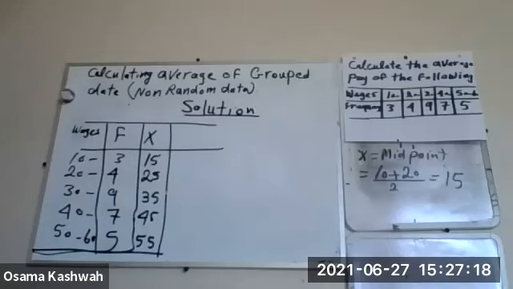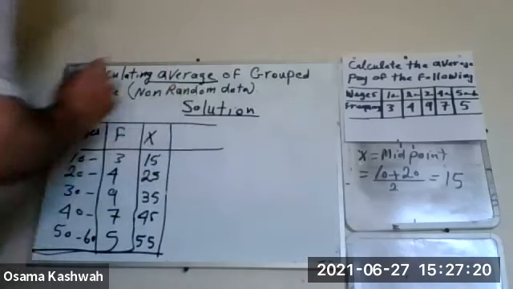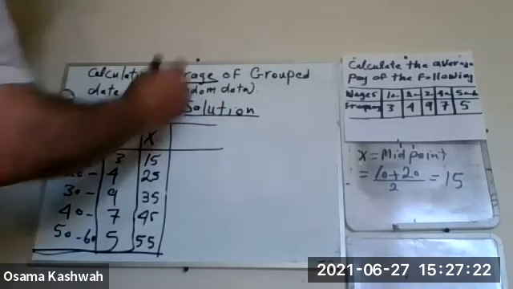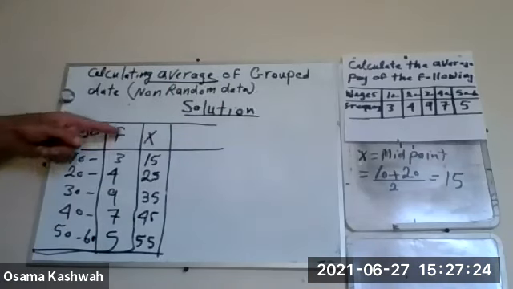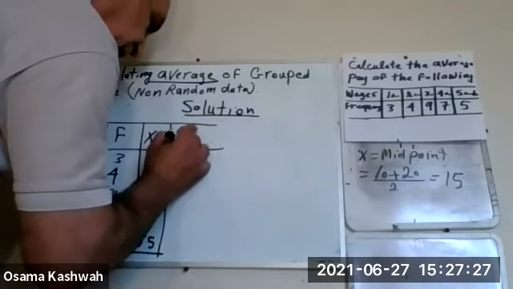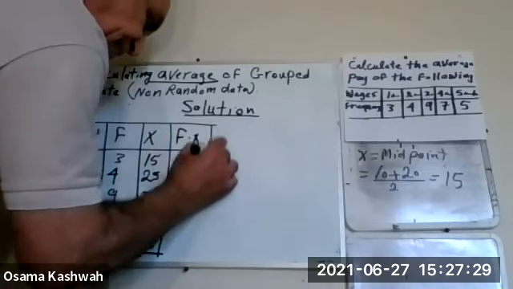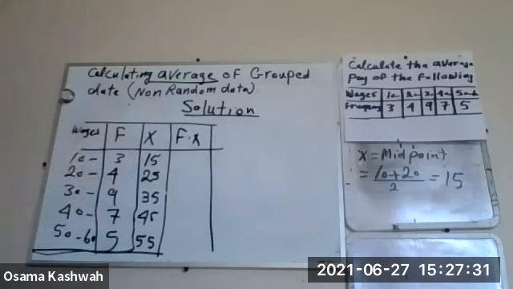Now, what do we want to do to calculate the average? We will multiply f by x. We'll make fx. So f times x.